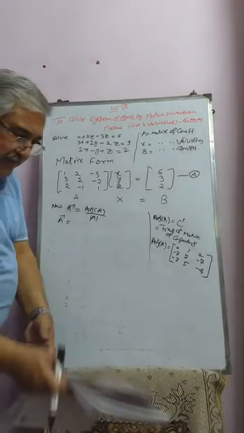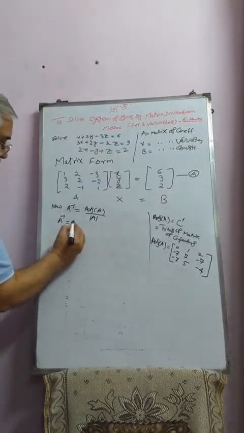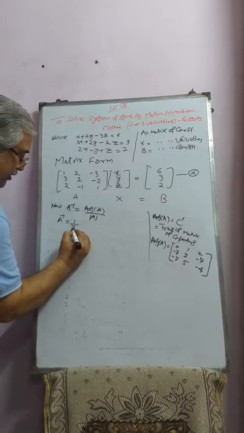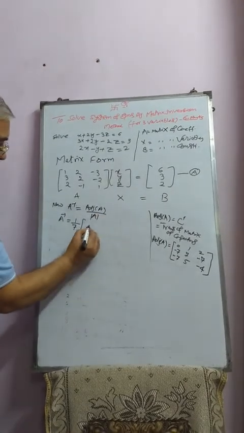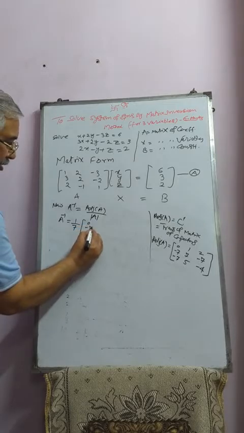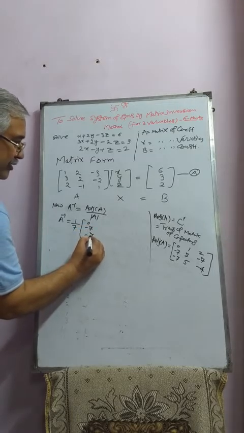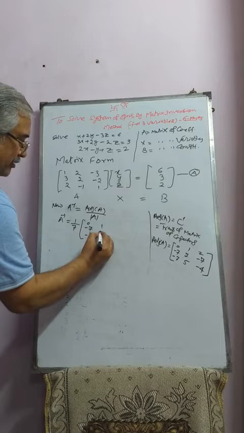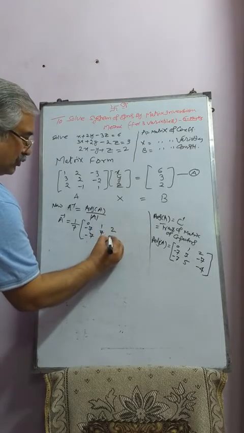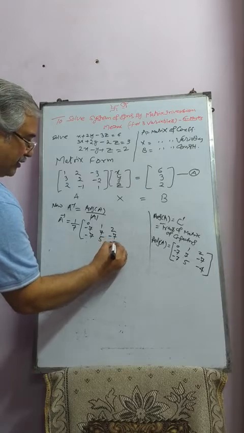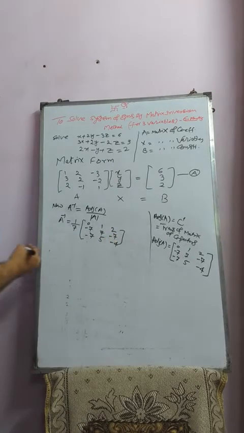That is 1 upon determinant 7. Now I am going to write adjoint, that is 0 minus 7 minus 7, 1 7 5, 2 minus 7 minus 4. This is adjoint.